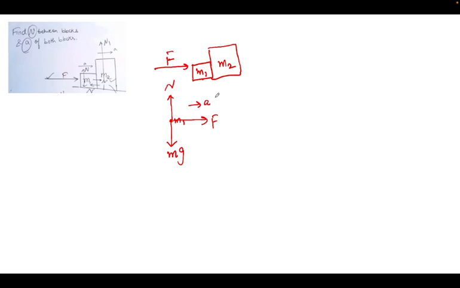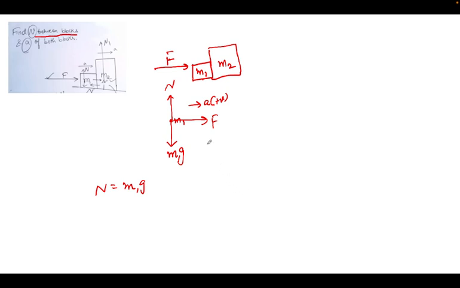If it is accelerating, it means it has a positive velocity. So from here the normal reaction will be equal to m1g. But what they have asked is the normal reaction between the two blocks.